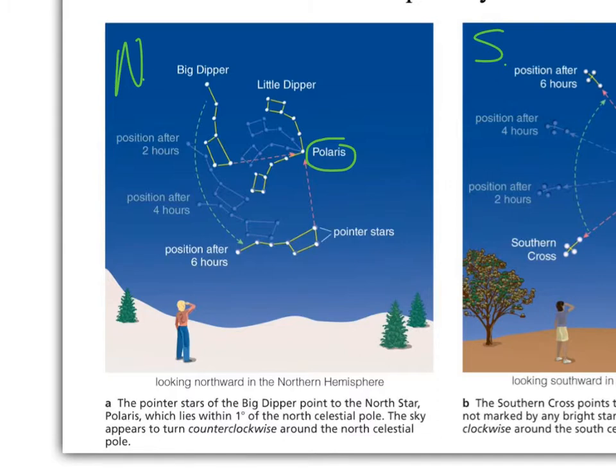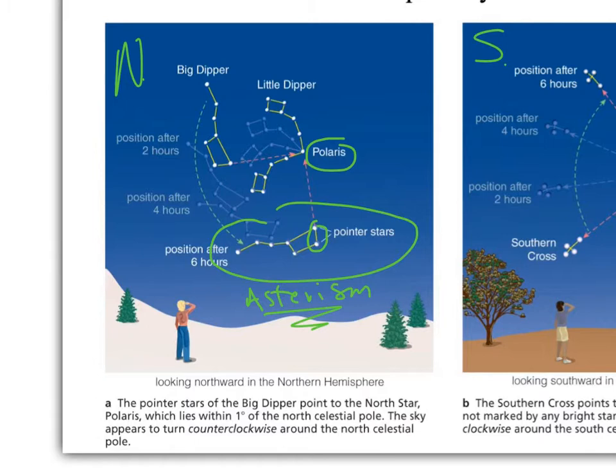That's our North Star right now. It hasn't always been. We'll talk about that coming up. But this is to remind you, how do you find Polaris? Well, you look for the Big Dipper, which is an asterism of Ursa Major, the Big Bear, and you use the two far bowl stars as pointer stars to point to Polaris.